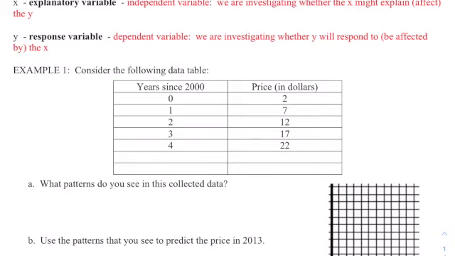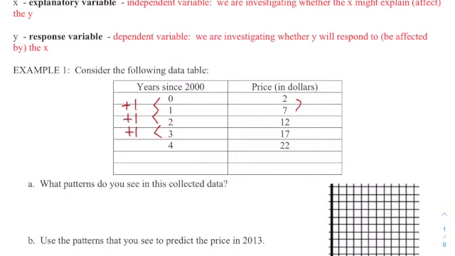So in this case, what pattern do you see in this collected data? Well, I would notice that if you look at the X values, this is going up by 1, and this is going up by 1, and going up by 1.